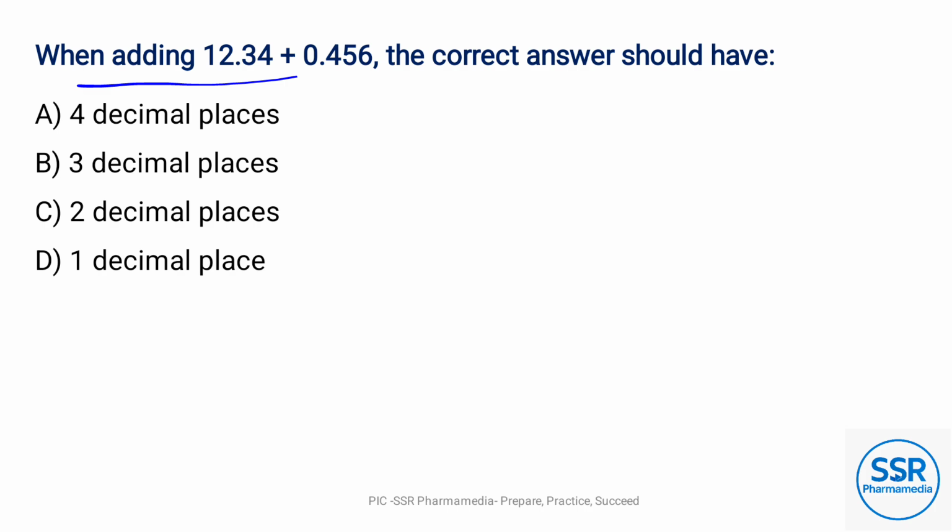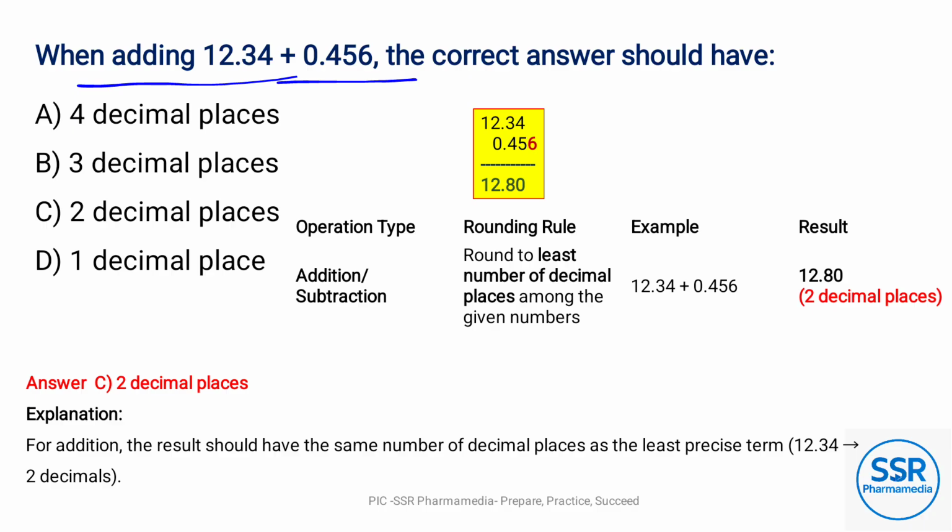Next, when adding 12.34 plus 0.456, the correct answer should have 2 decimals. So the answer has 2 decimals because when we are adding these two, 12.34 plus 0.456, this 6 is a significant figure.